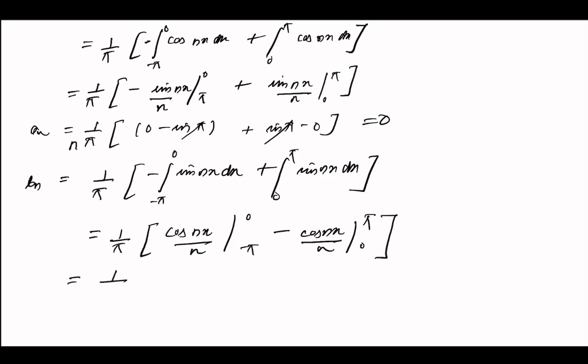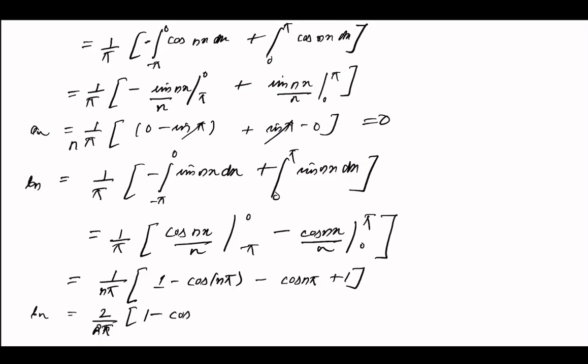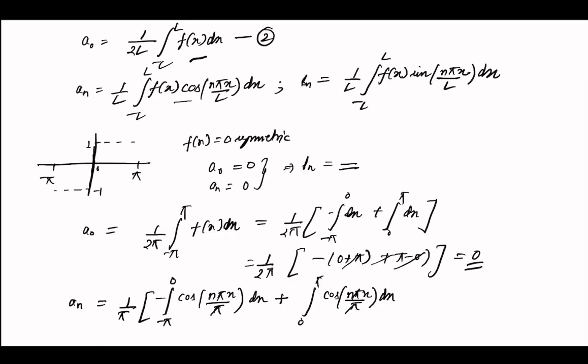Take n common, so you'll be left with 1 by n pi, 1 minus cos of n pi, minus cos of n pi plus 1. So you'll finally be left with bn equal to 2 upon n pi times 1 minus cos of n pi. So this is your answer.